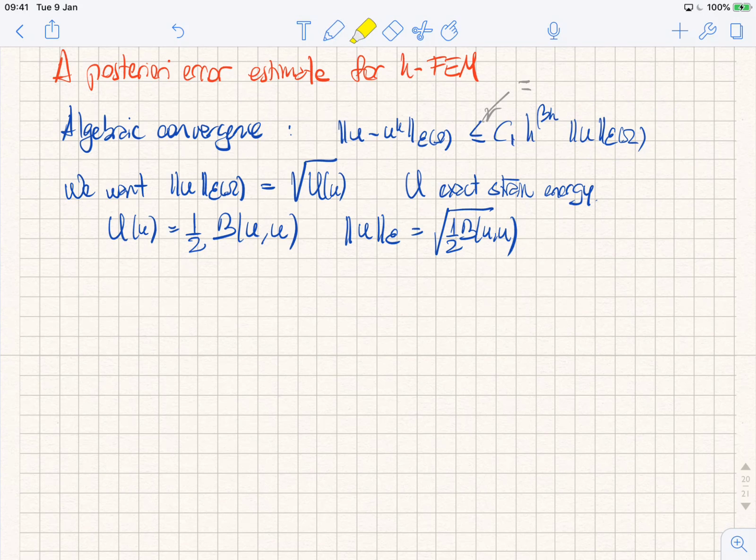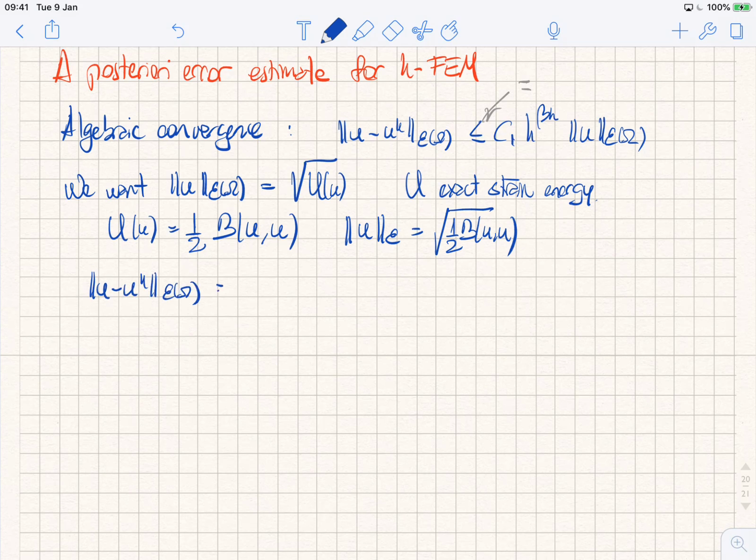Now we're going to take a look at this other side here, and we're looking at the error. So what we want to do is to transform that norm of u minus u_h into some sort of error in strain energy. We're just going to use the same equation. If we square that term, I'm getting rid of the square roots because the term is a square.